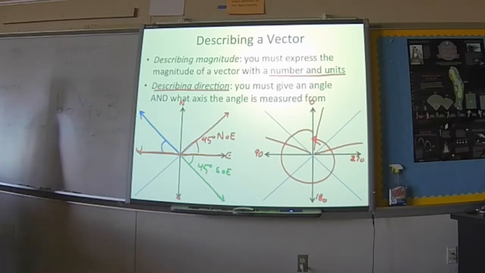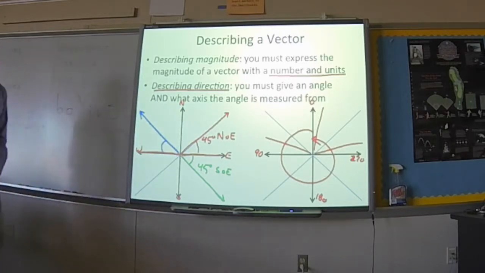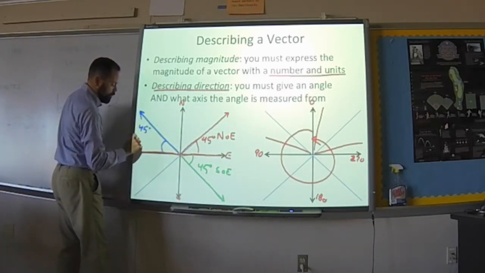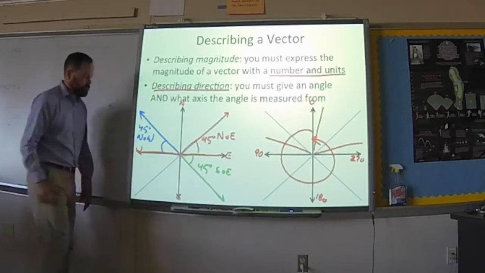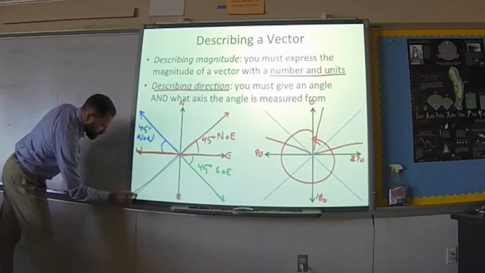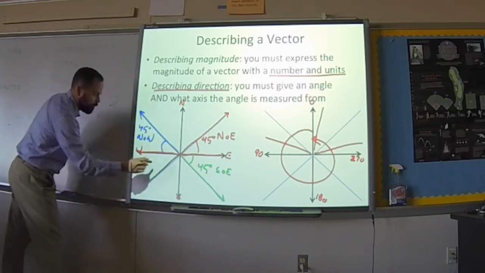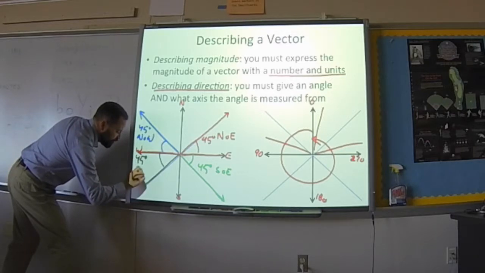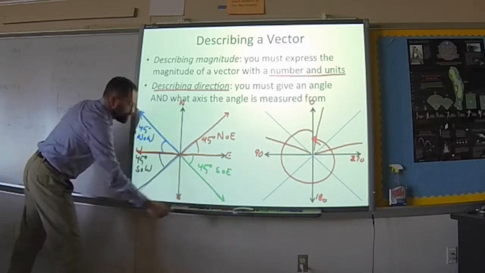Casey, help me out here. What angle is that? 45 degrees, what? North of west. Nice. 45 north of west. And Mackenzie, what do we call that? 45 south of west. Nice. 45 degrees south of west.